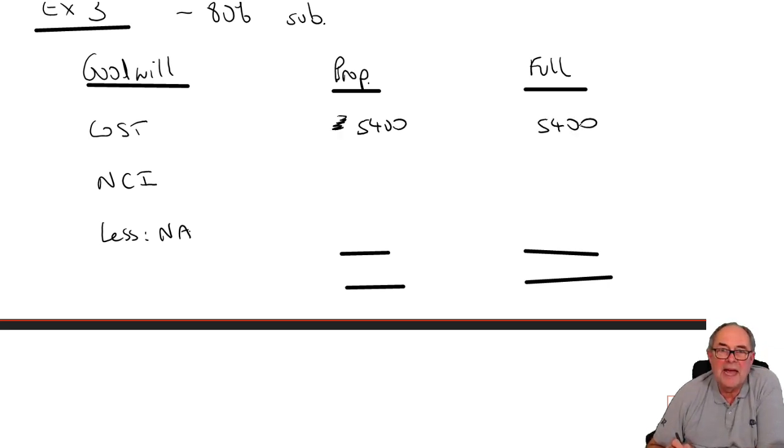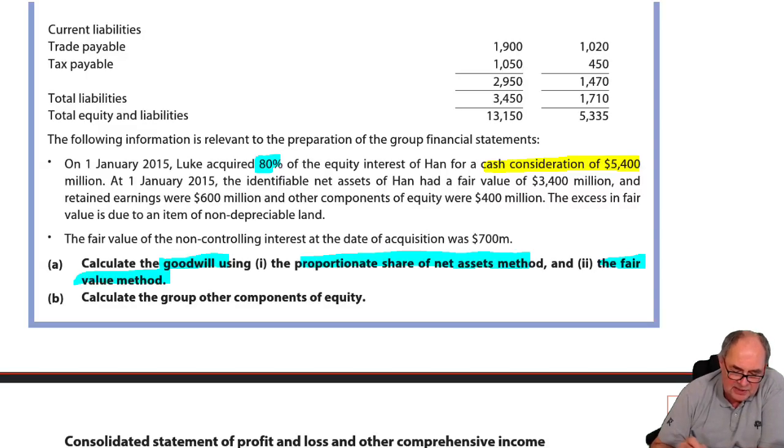Let's find the net assets. The net assets, see if we can find it, have got a fair value of 3,400. That will be the same in both columns.